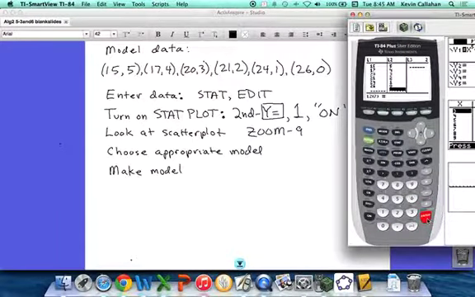You see how I do that? Yeah, just put in the values. So all the X's go there. So 15, 17, right from that.